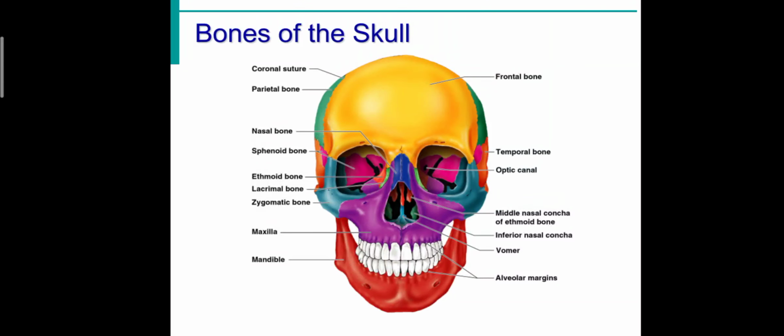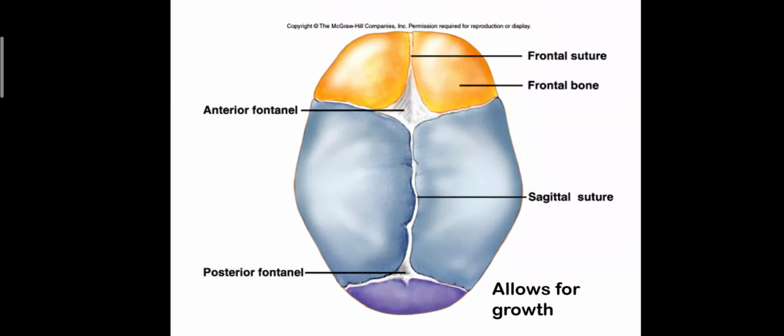Bones of the skull. It is frontal bone, parietal bone, coronal suture, frontal suture, frontal bone, anterior fontanelle, posterior fontanelle, sagittal suture.